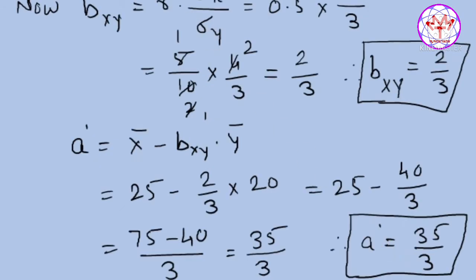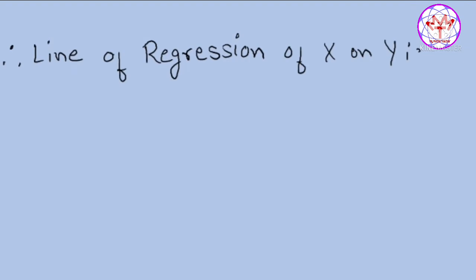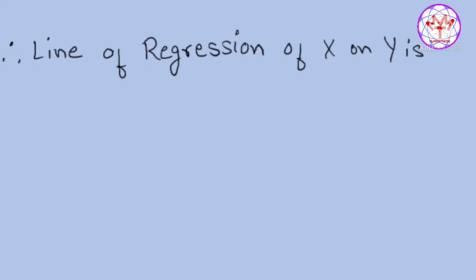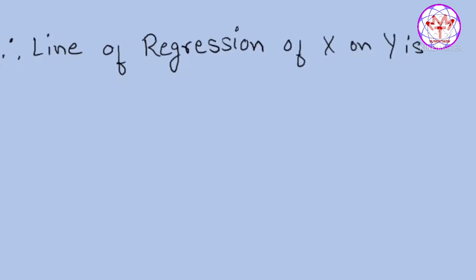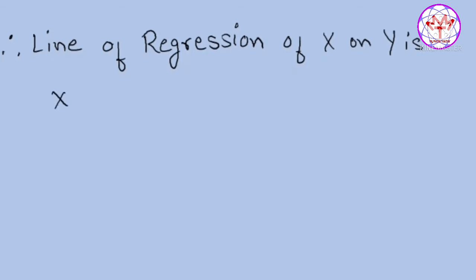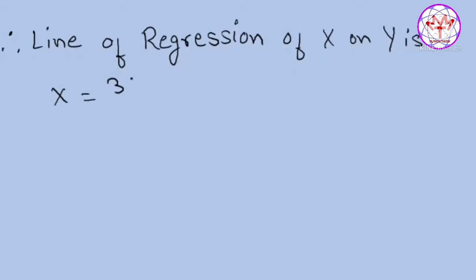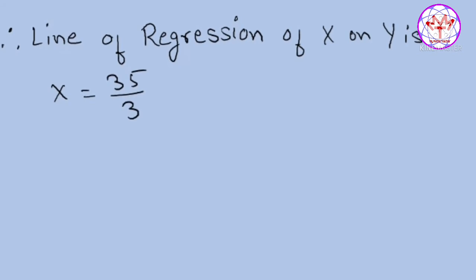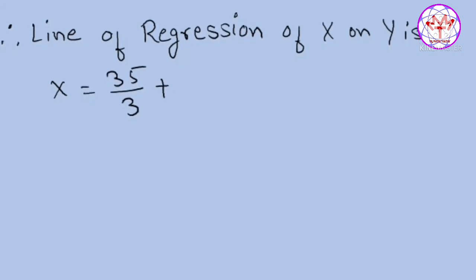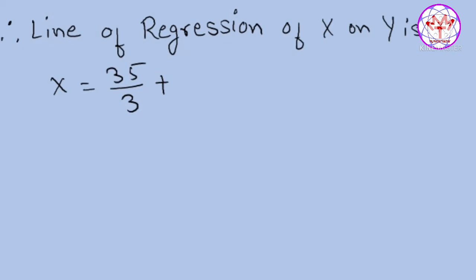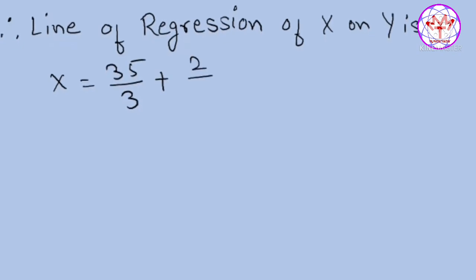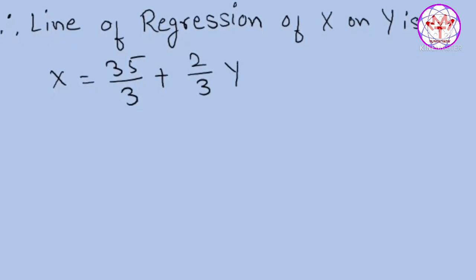Now we'll substitute the value of bxy and a dash in the equation of line of regression of x on y. So let us write line of regression of x on y is x is equal to a dash. a dash is 35 upon 3 plus bxy. bxy we have got 2 upon 3 into y.